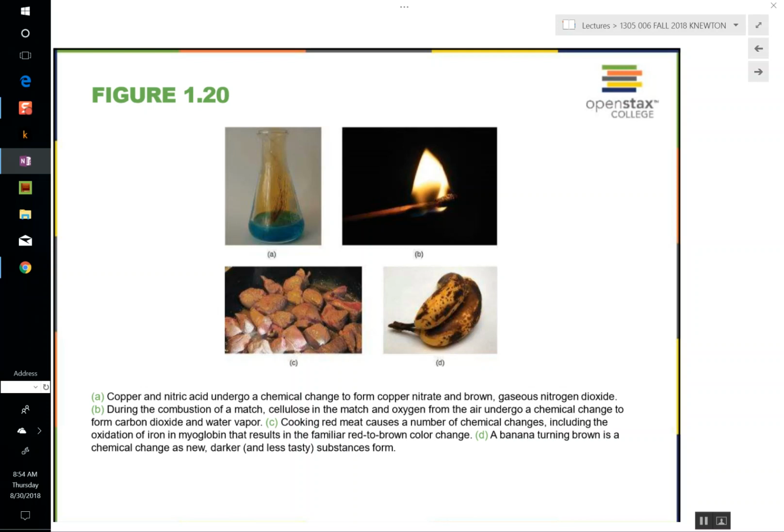Bananas ripening is a chemical change going on, bacterially driven, but a chemical change. And cooking meat will cause the iron in the meat, any blood left in the meat, to get oxidized and change colors as you're grilling the meat.